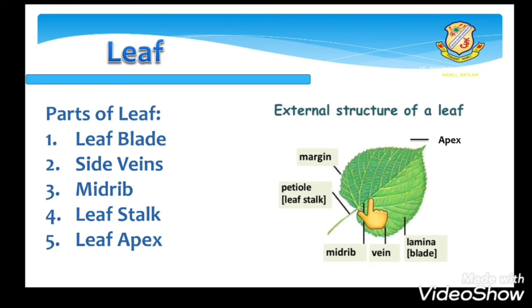A small stem which runs from the midrib to the main stem is called a leaf stalk. So the main parts of the leaf are the leaf blade, side veins, midrib, leaf stalk and leaf apex, and all of this forms the leaf structure.